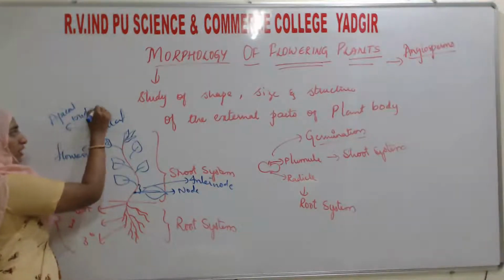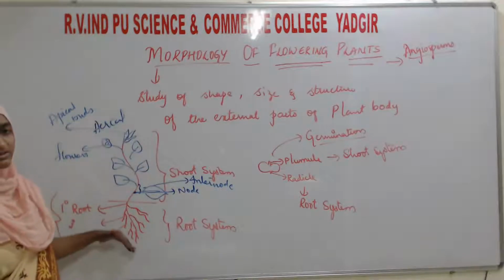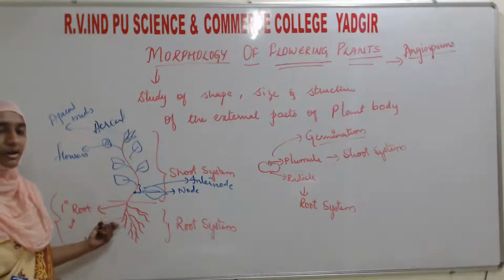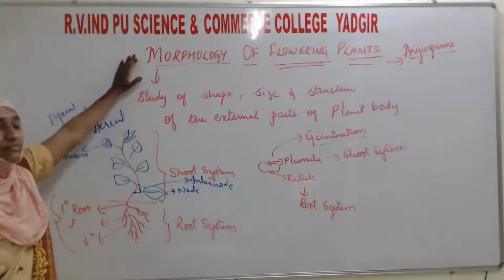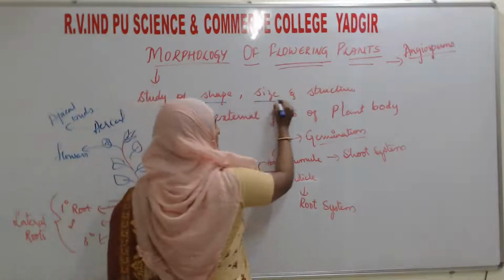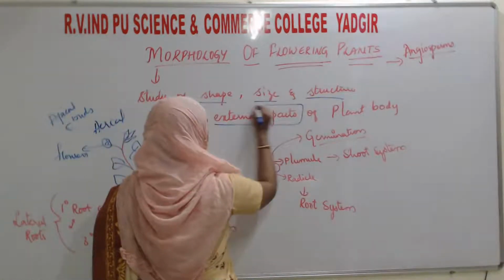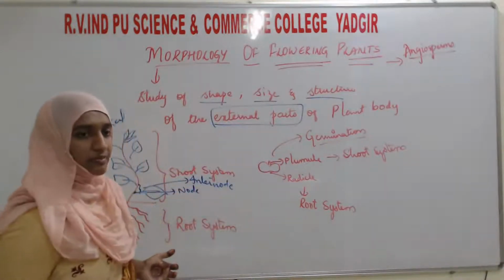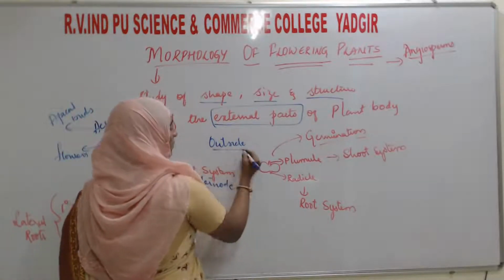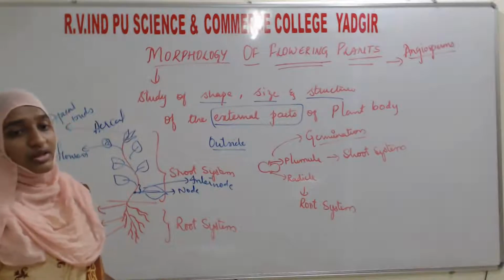So all these parts are the morphology of flowering plants: their shape, their size, their structure of the external parts, meaning outside the body of the plant.